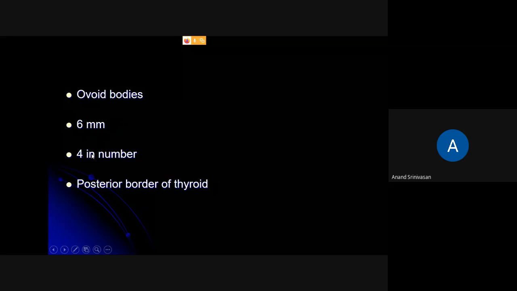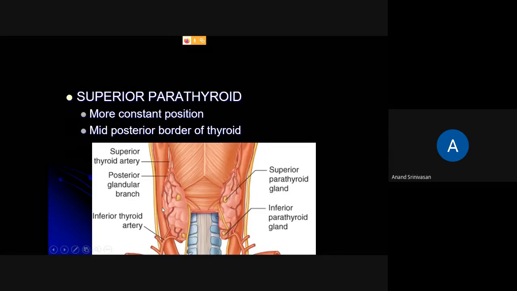They are 4 in number and usually located along the posterior border of the thyroid. Here you can see the thyroid gland, and here you can see 1, 2, 3, 4: the superior parathyroid gland and the inferior parathyroid gland. The superior parathyroid gland is usually more constant in position, approximately in the middle posterior part of the thyroid gland.